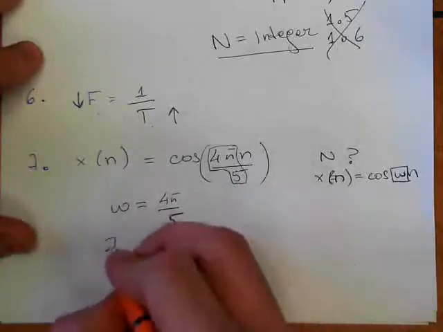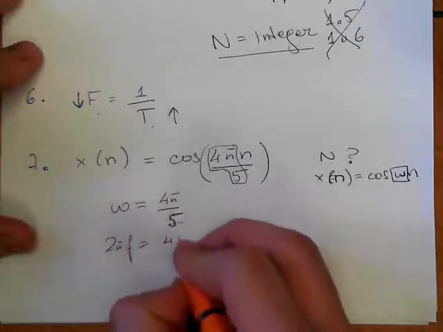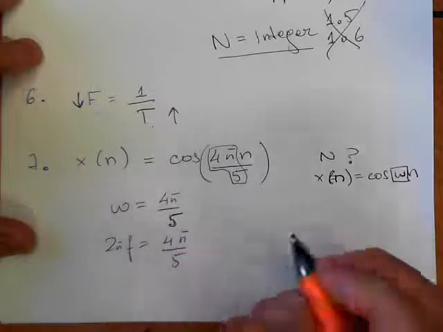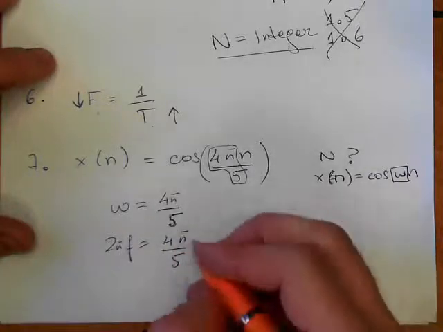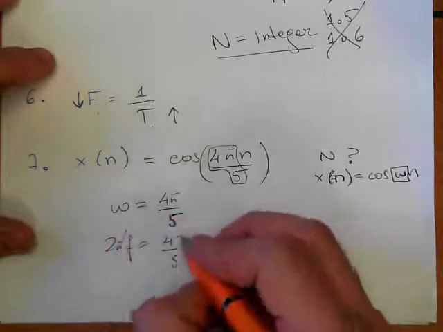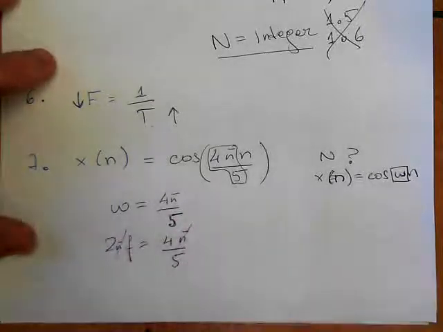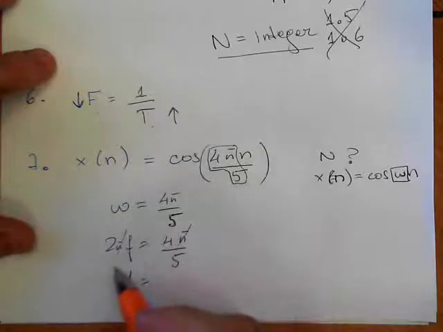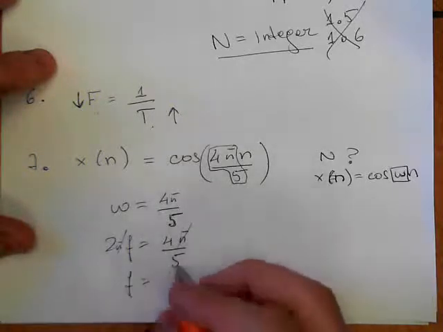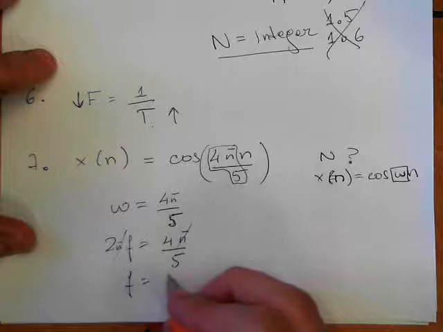Then we can write that 2 pi f is 4 pi divided by 5. We can divide both sides by pi, and also divide both sides by 2.